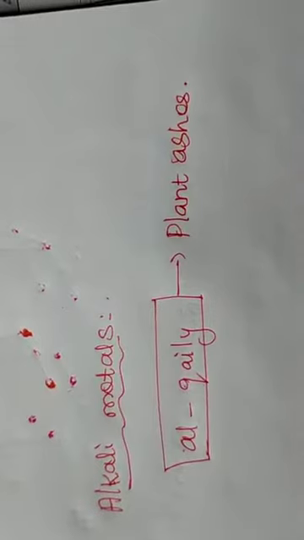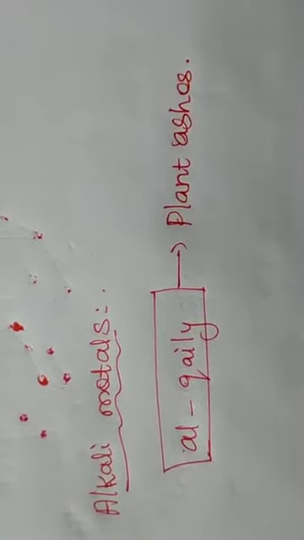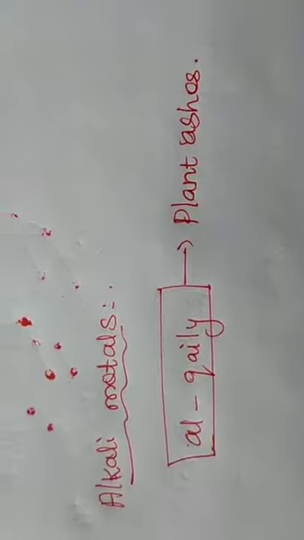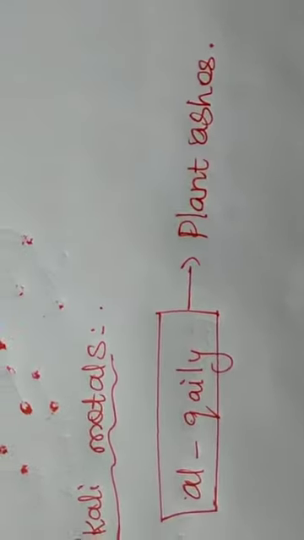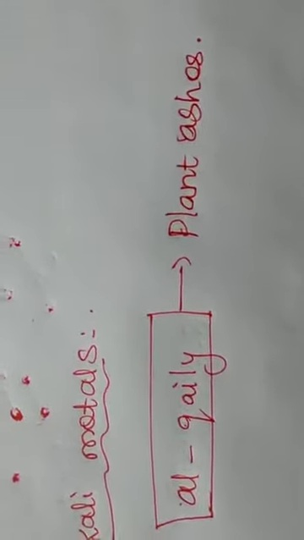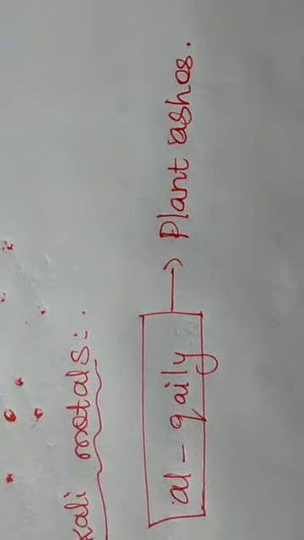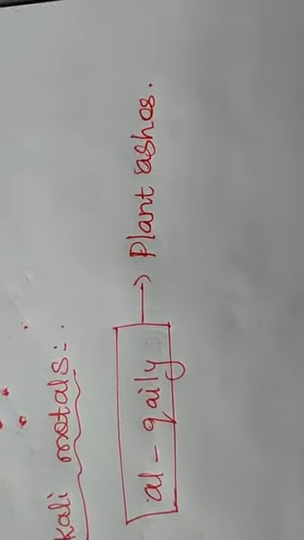So the water extract of burned plant ashes is called potash, and the name of that compound is potassium carbonate. Burned plant ashes are mixed with water and boiled. Then the filtrate of that solution, the water extract of burned plant ashes, is called potash and it also contains potassium carbonate.